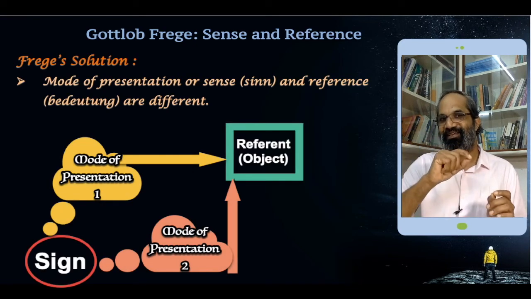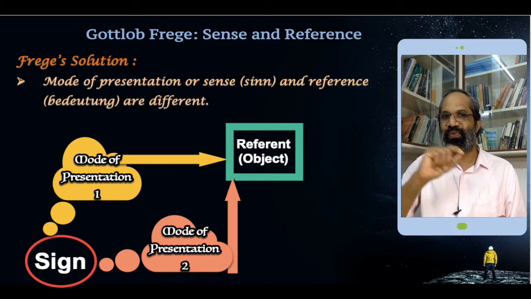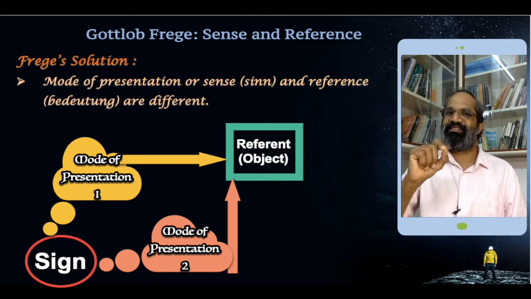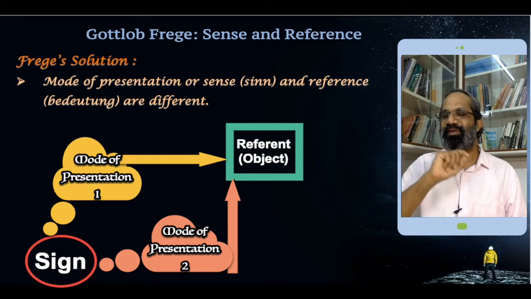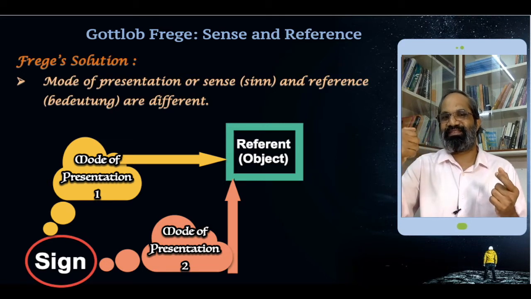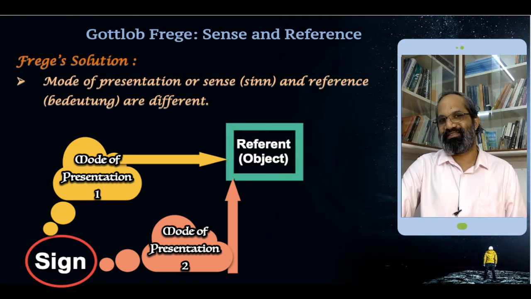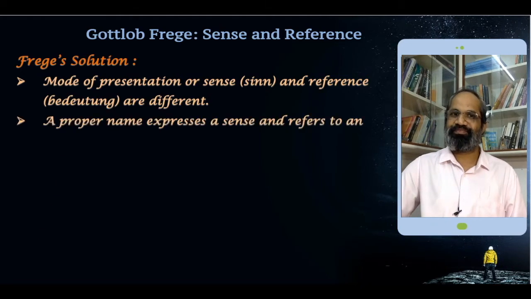So a sign refers to an object through its sense. This sense, he says, can be different for different signs. One and the same object, say Venus, may be represented with the sign morning star or with another sign, evening star. In both cases, the mode of presentation changes, and it is the mode of presentation that gives the cognitive value. That we will see later on.